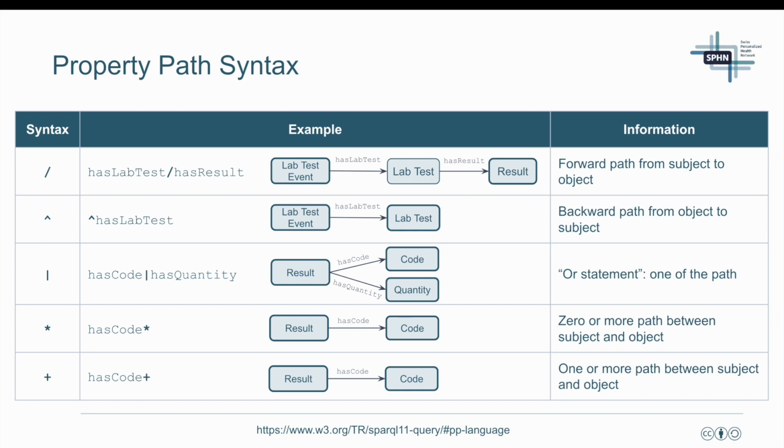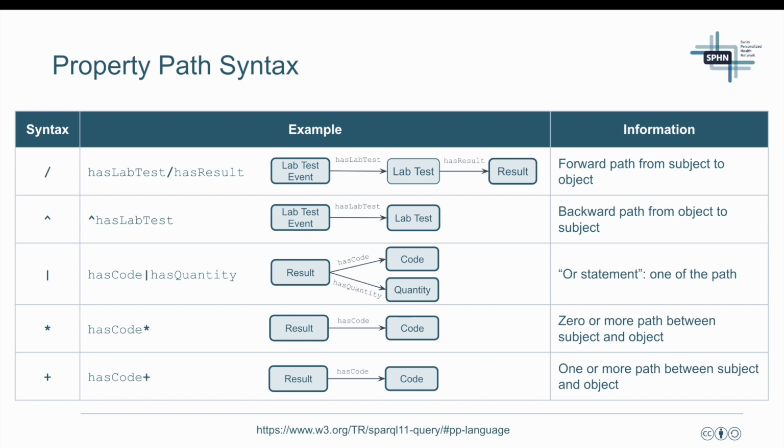There is the caret syntax, which indicates a backward path from the object node to the subject node. There is the pipe syntax that can be used to indicate where the forward path can be from a subject node to an object node via one or the other paths. The star syntax indicates 0 or more paths between the subject and the object node.